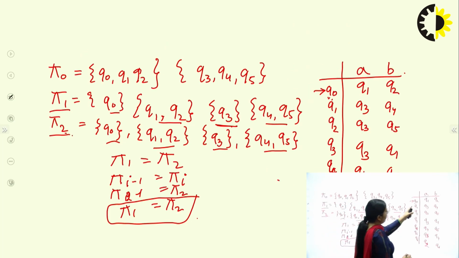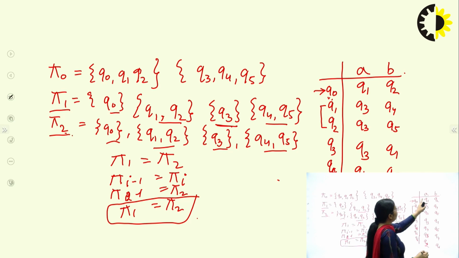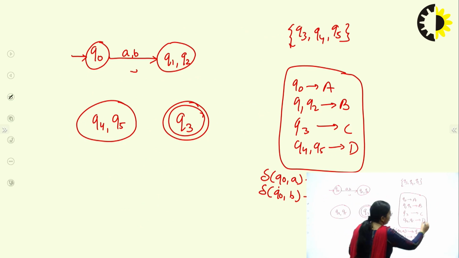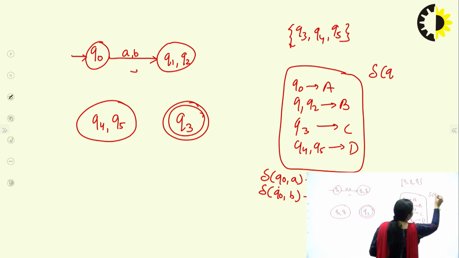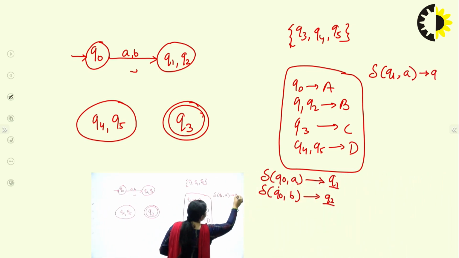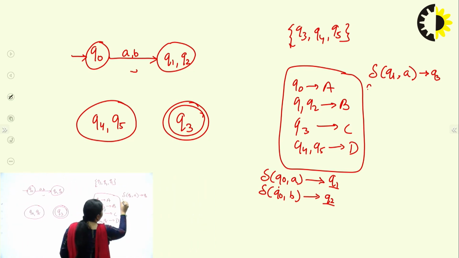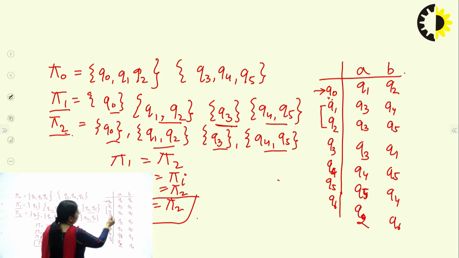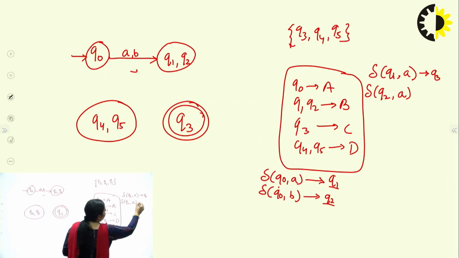Now we have to check the transition for both the states. If the next state is Q1 and Q2, then we have to check the transition for both these states. On input A, Q1 goes to Q3, and on input A, Q2 goes to Q3, right?